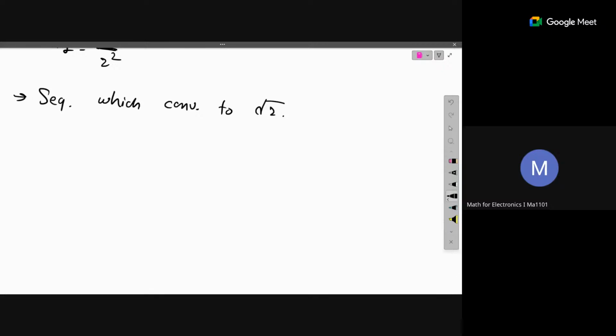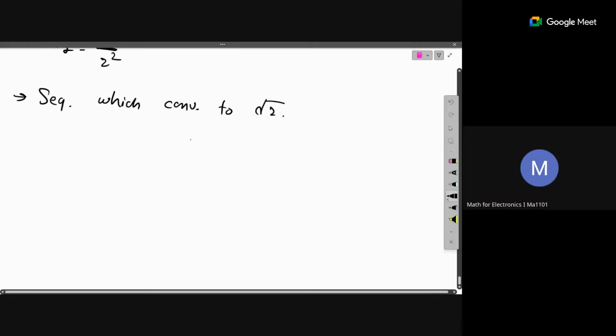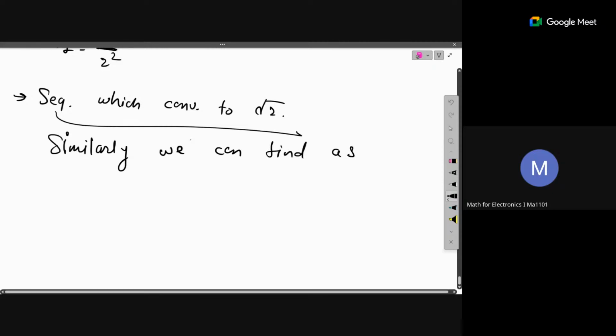Yeah, so this is the sequence. So similarly, we can find a sequence which converges to root d, where d is any natural number.